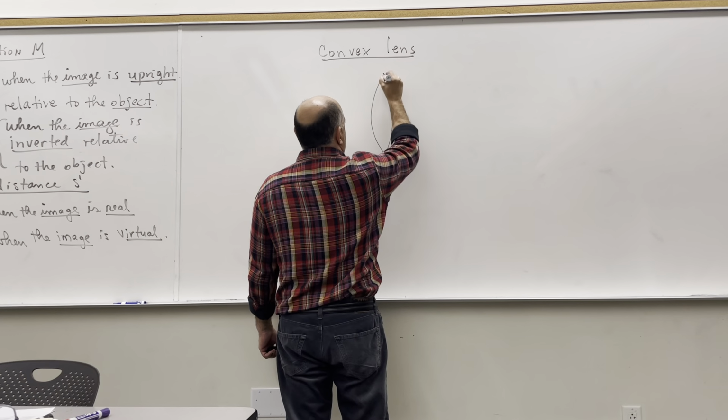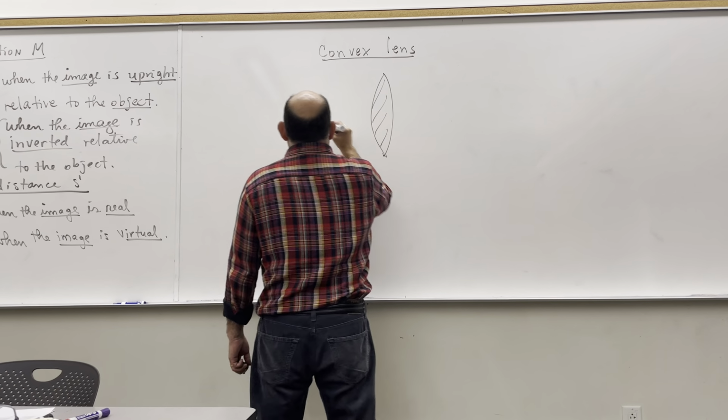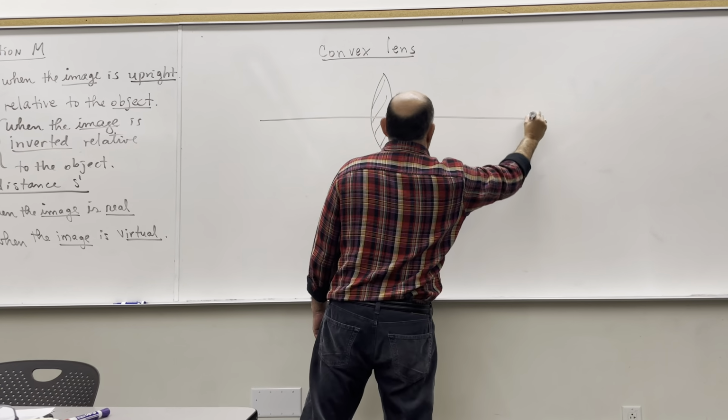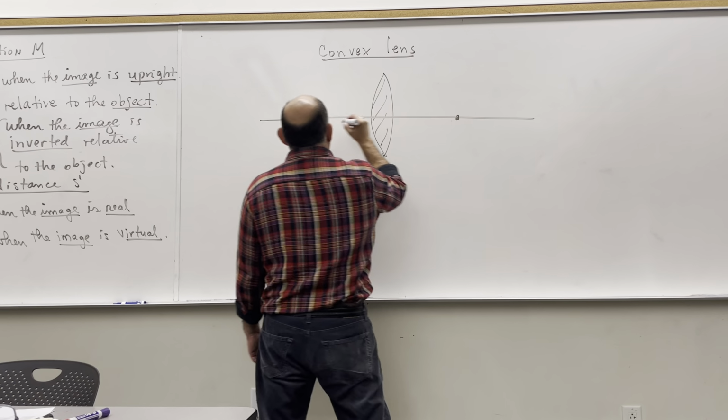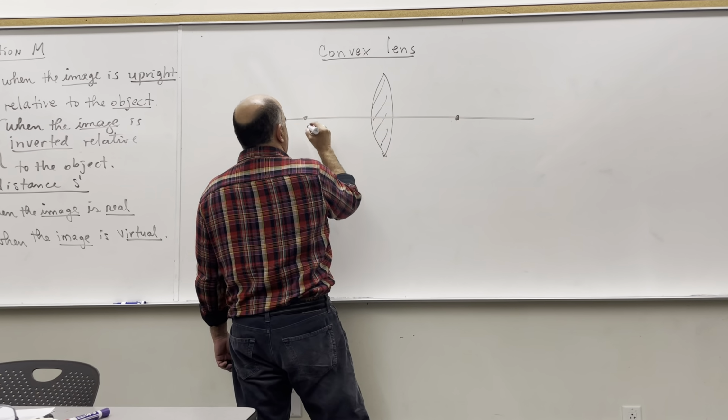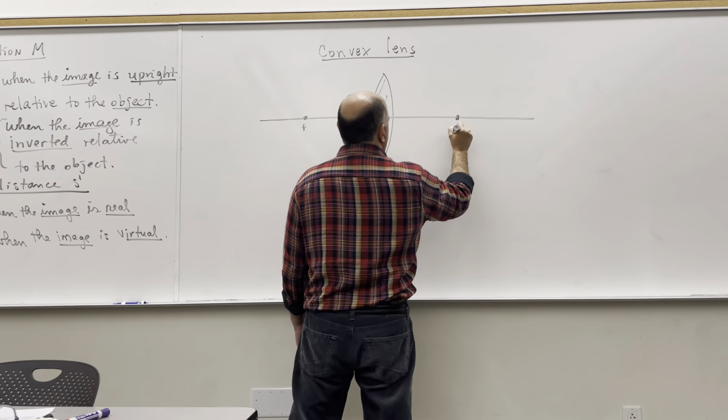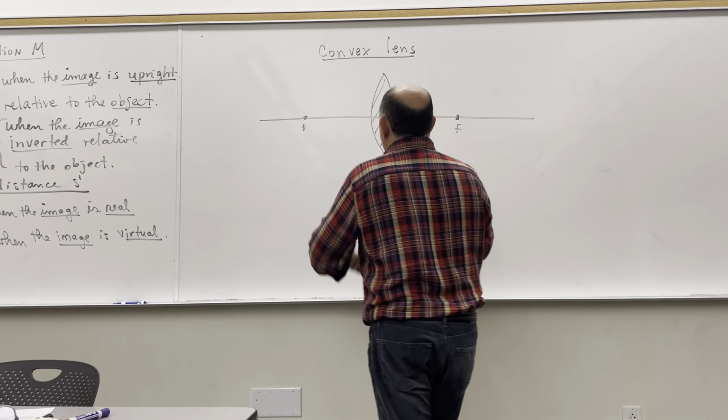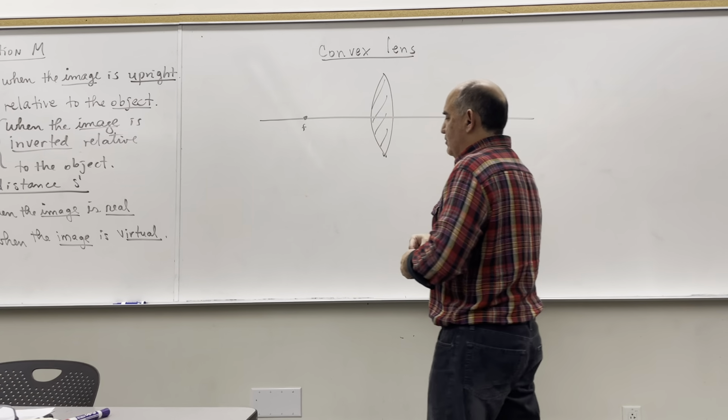So this is the convex lens, and I'm going to draw the principal axis. Let's say the focal point is here, like on the other side. So this is focal point F, and the distance is F. But I just want to label that as a focal point.